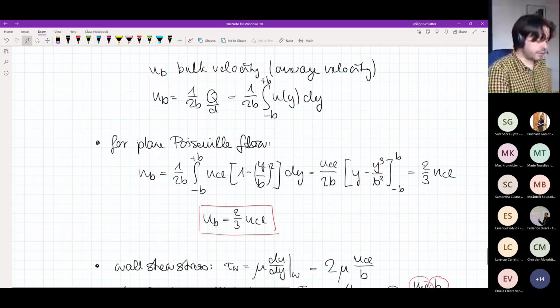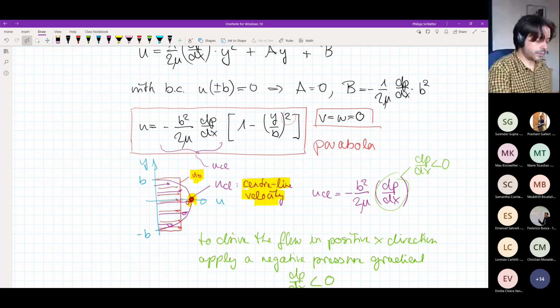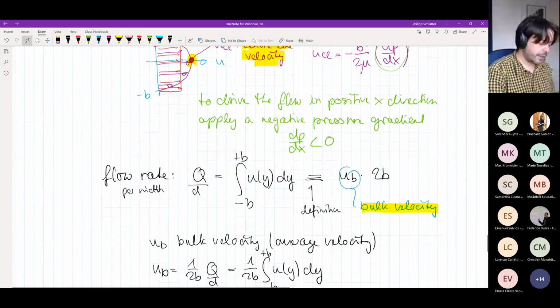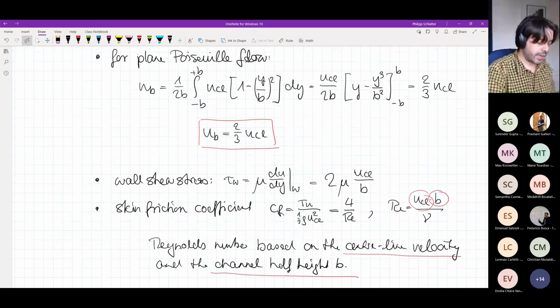We have calculated now the profile, which is given here, the parabola. Again, keep in mind that's always a parabola for this type of flow, where the negative pressure gradient goes in. We have defined the centerline velocity. We've then defined the bulk velocity, which is the relation given here as 2/3.